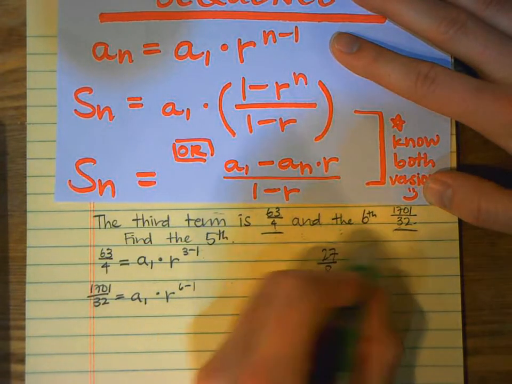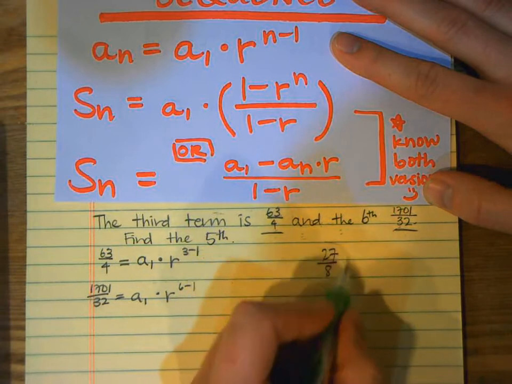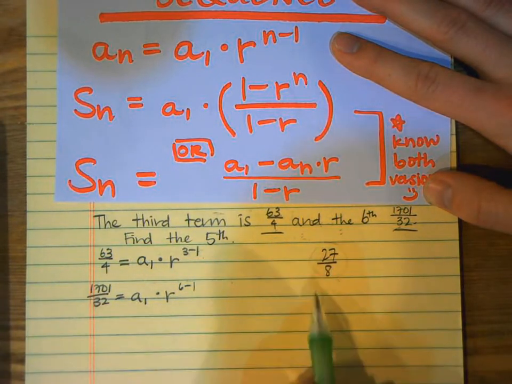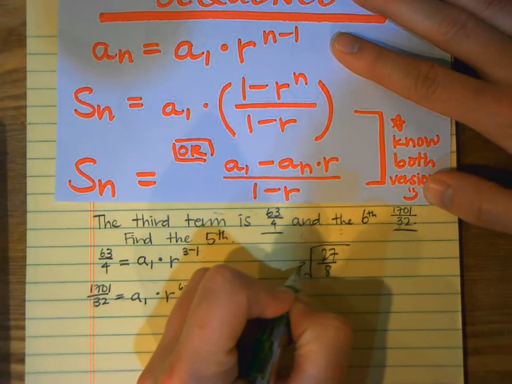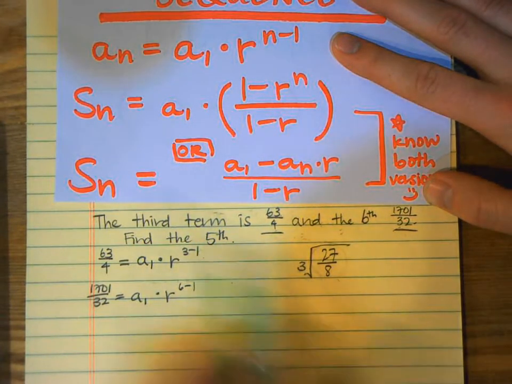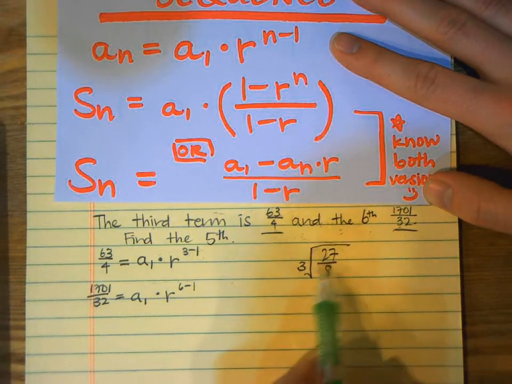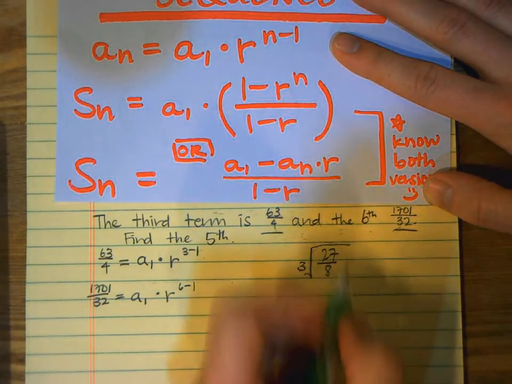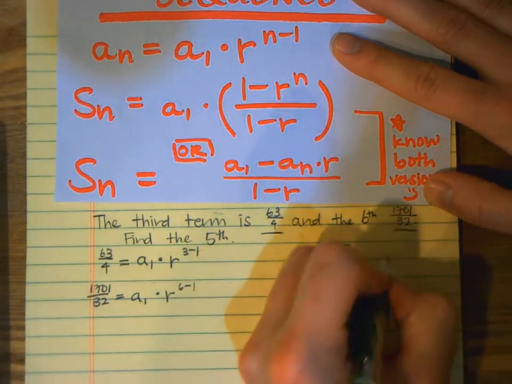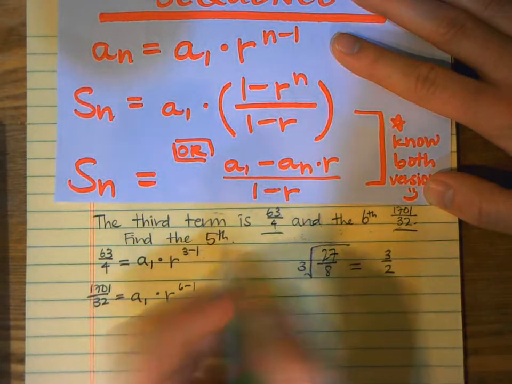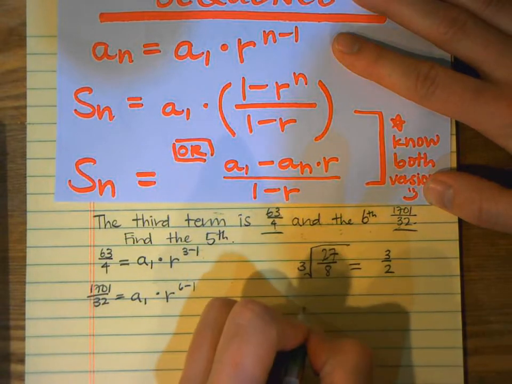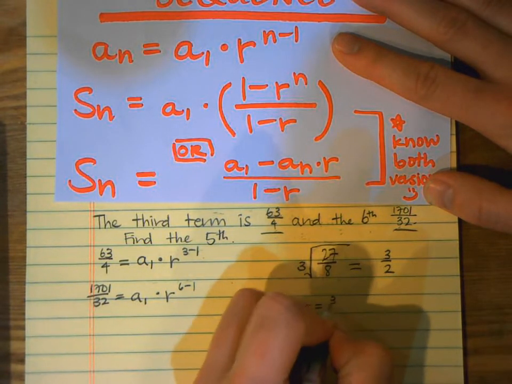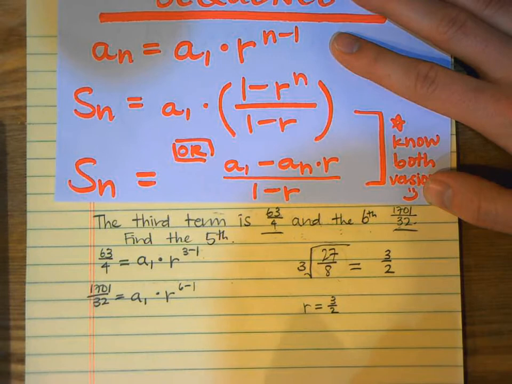So since there's 3 jumps in between the third and the sixth, and this is the ratio between the two, if I take the cube root, because again there are 3 jumps between the third and the sixth term, I'm going to get what my common ratio is. And when you take the third root of 27 over 8, you're going to get 3 over 2. So this little mathematical pattern tells me that the common ratio is 3 halves, or 3 over 2.